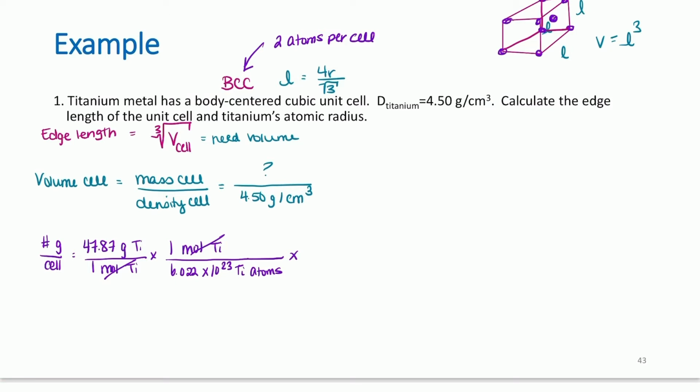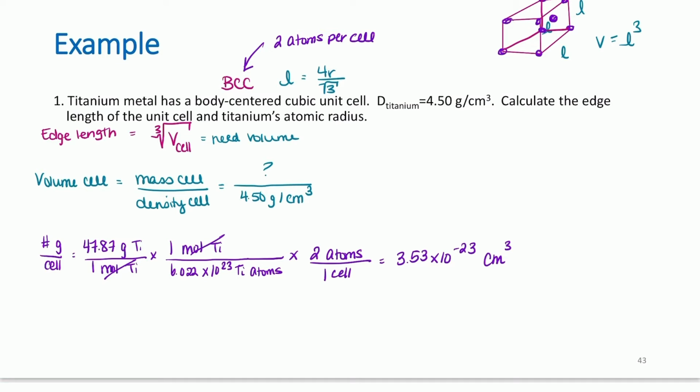So 2 atoms per cell. So I'm going to say times 2 atoms per cell, or 1 unit cell. This gives me 3.53 times 10 to the minus 23rd centimeters cubed.